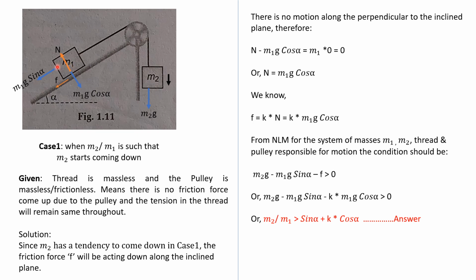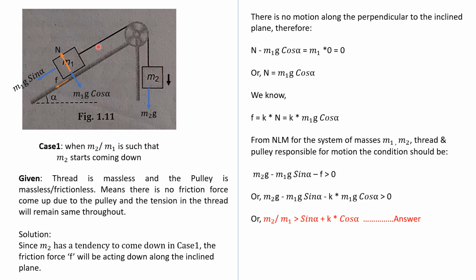The component of gravitational force along the inclined plane is m1g sin alpha acting downward, and the component perpendicular to the plane is m1g cos alpha. N is the normal reaction, and m2g is the gravitational pull on the mass m2.